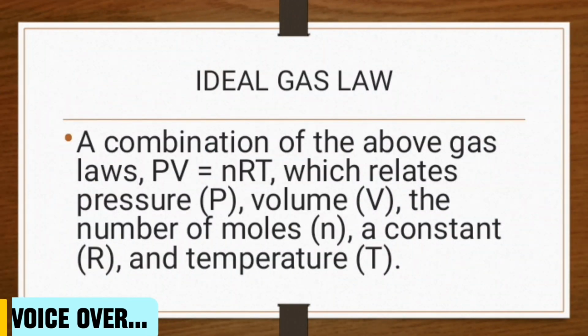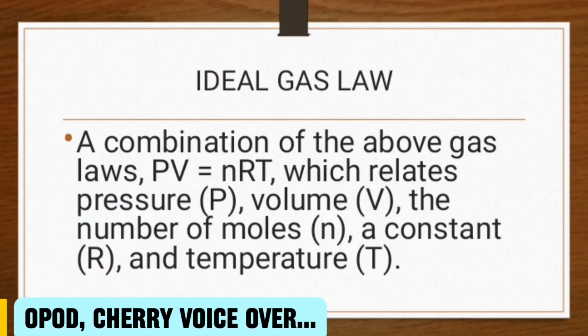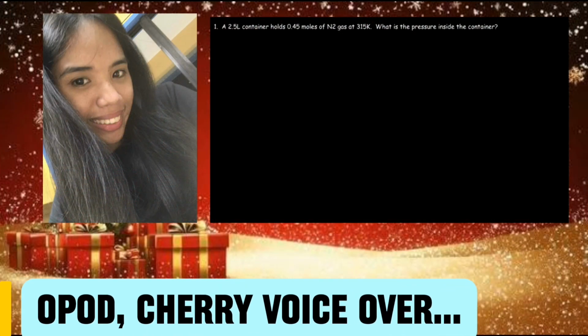Ideal gas law. A combination of the above gas laws, PV equals nRT, which relates pressure, volume, the number of moles, a constant, and temperature. A 2.5-liter container holds 0.45 moles of nitrogen gas at 315 Kelvin. What is the pressure inside the container?